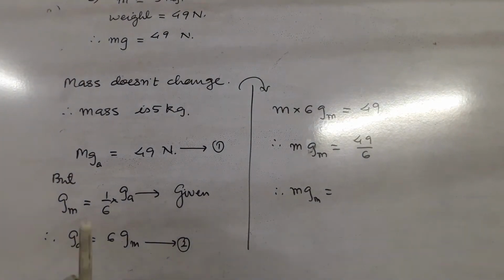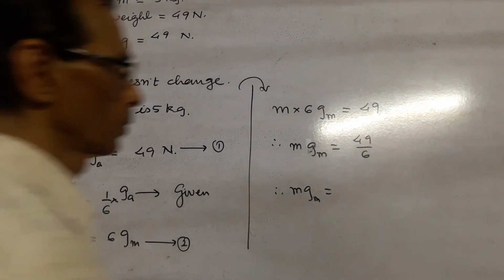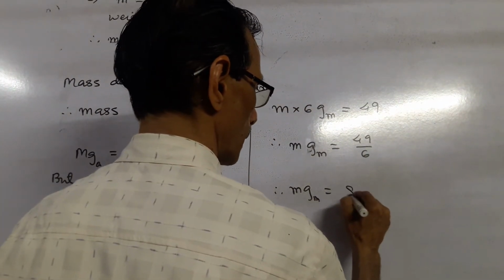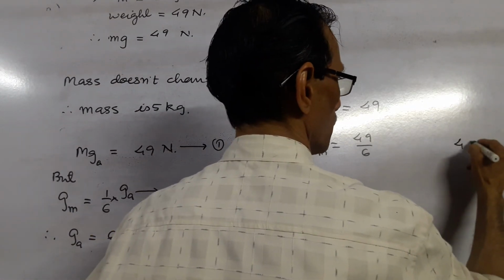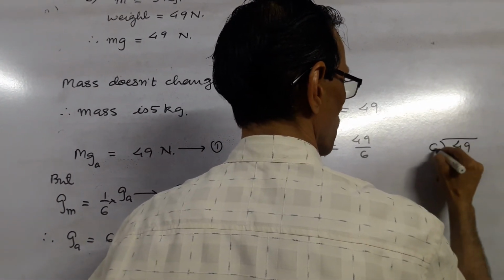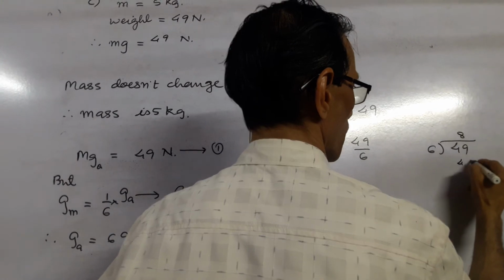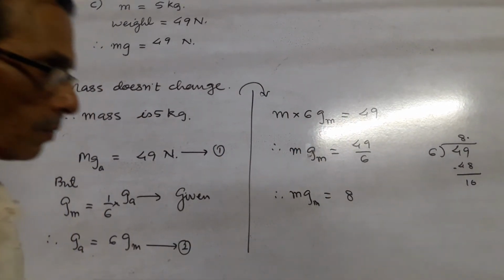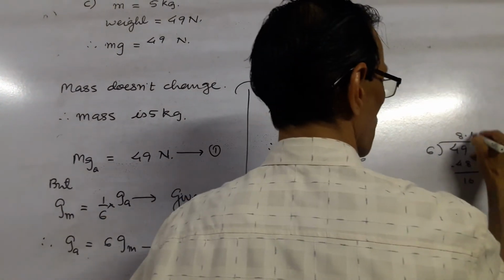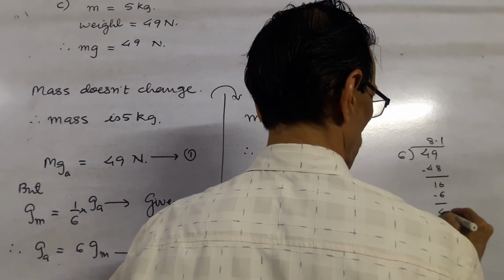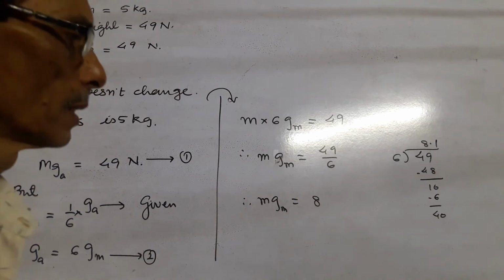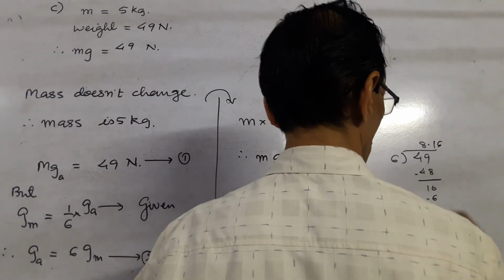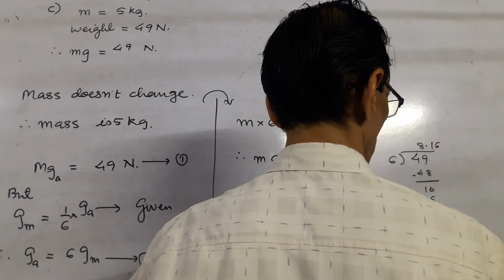Now divide 49 by 6: 6 8s are 48, subtract, 1 remains, take 0, put the decimal point, 6 1s are 6, again subtract, 4 remains, take 0, 6 6s are 36, so forget this.